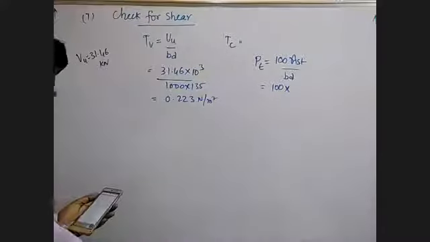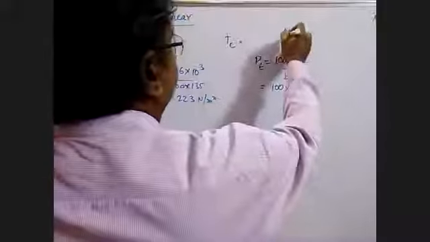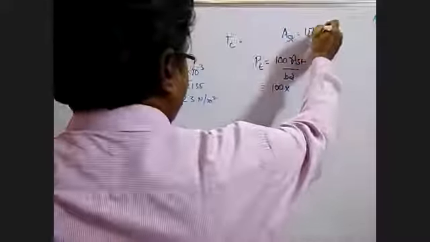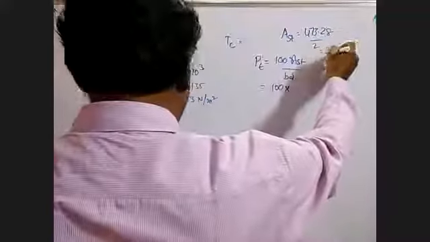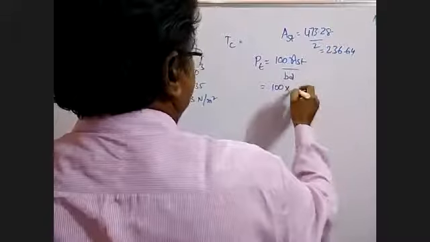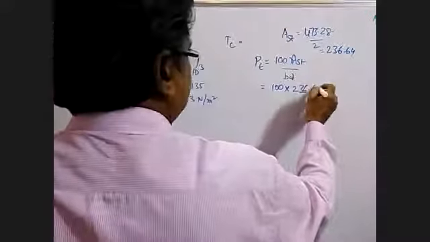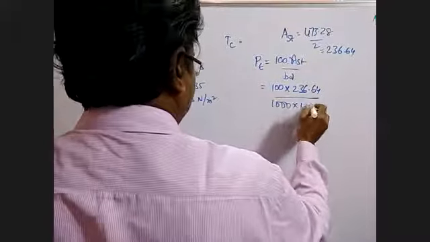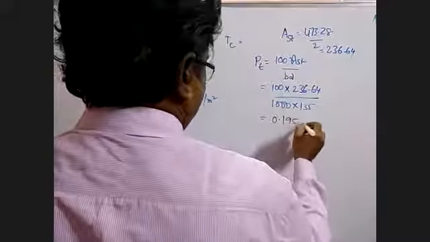At support, we have to take 50% of the AST provided. The AST provided is 473.28, divided by 2. Take the highest value and take half of it, 236, by 1000 into 135. PT comes to 0.195, with fck 20.